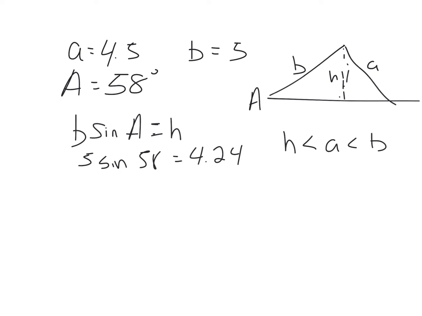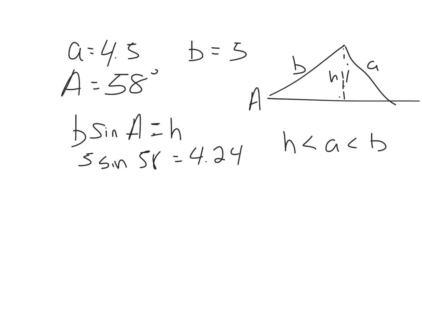If H is smaller than both of those, and as I said before, the side opposite of the angle given is smaller than the other side given, I'm going to say this over and over again so it's in your head. And the H is smaller than all those, then you know it's a two triangle problem.